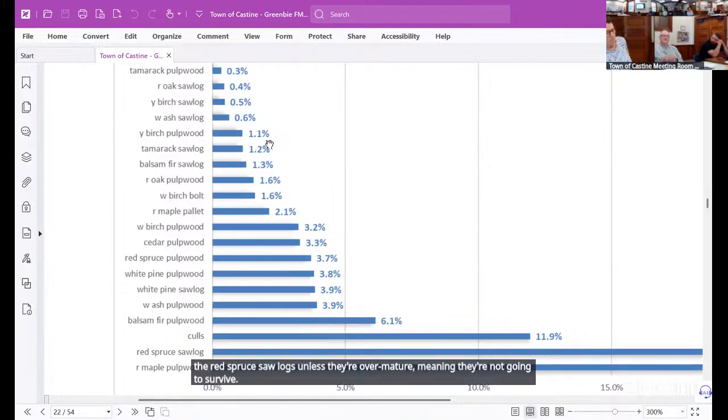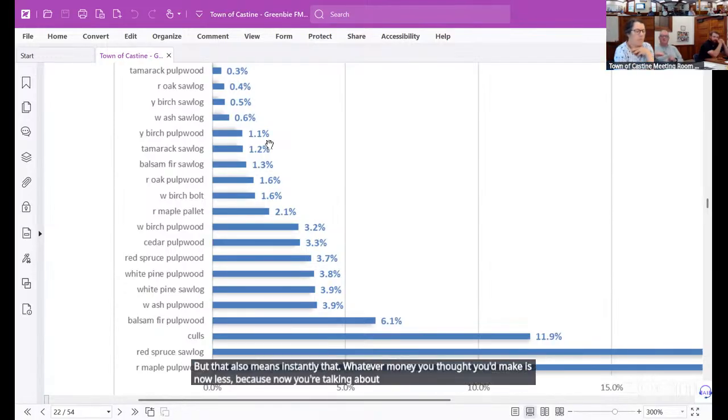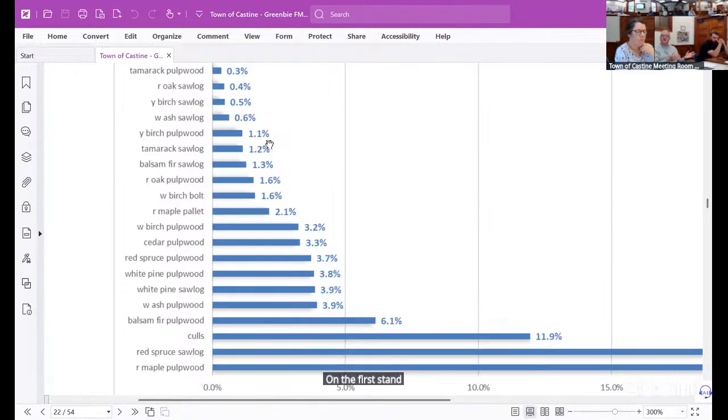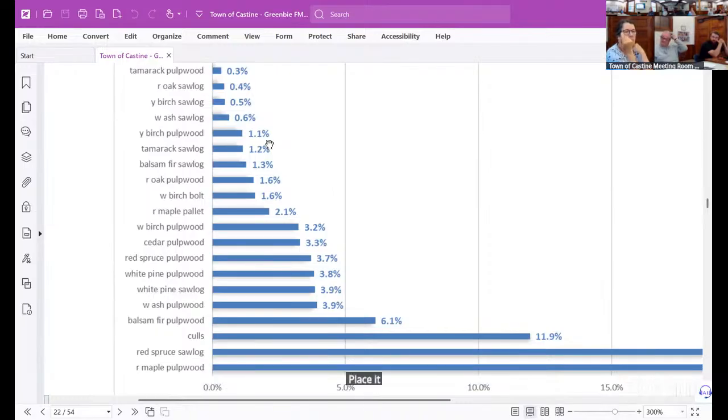But that also means that whatever money you thought you'd make is now less, because now you're talking about firewood or hardwood pulpwood, versus on the first stand, where we were talking about spruce saw logs at board foot dollars, so it might not be worthwhile.